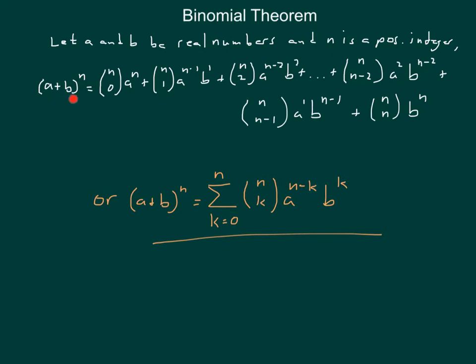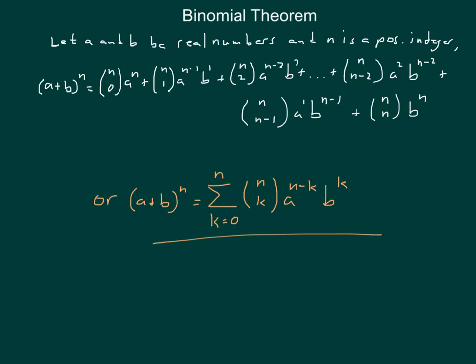Then I know (a plus b) to the n power is going to be, using those binomial coefficients we just saw, n choose 0 times a to the n, plus n choose 1 times a to the n minus 1 times b to the first, plus n choose 2 times a to the n minus 2 times b to the second, and this pattern continues all the way down to n choose n minus 2 times a to the second times b to the n minus 2, plus n choose n minus 1 times a to the first times b to the n minus 1, and finally plus n choose n times b to the nth power.